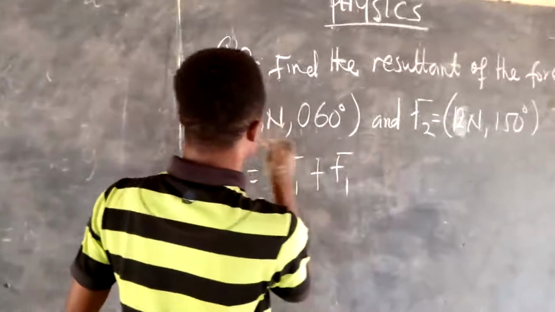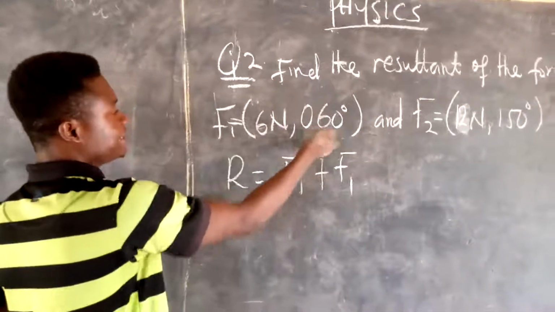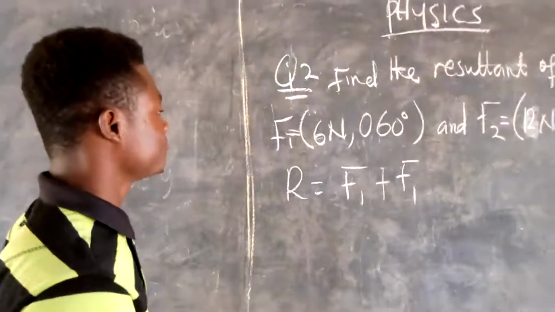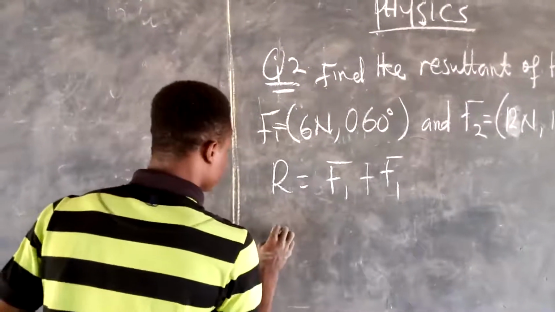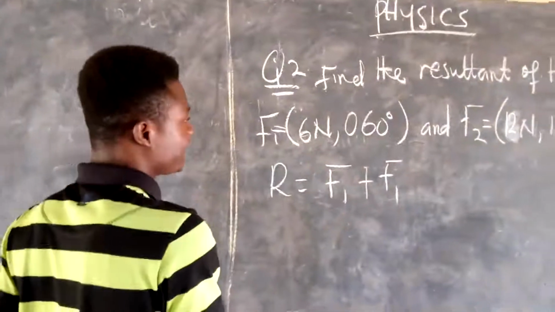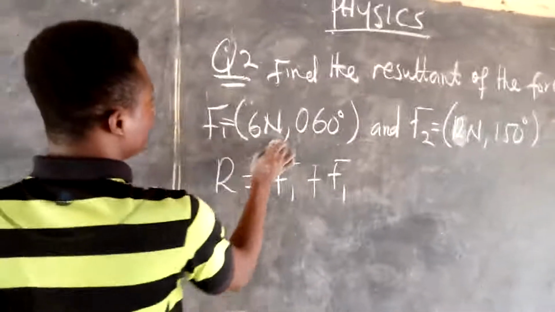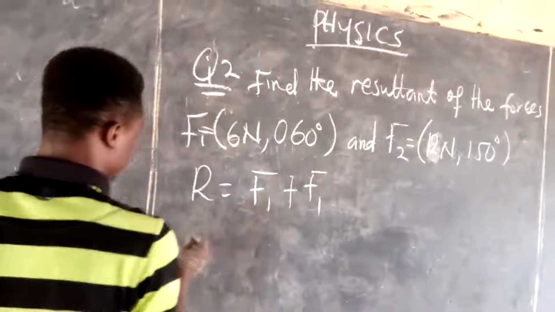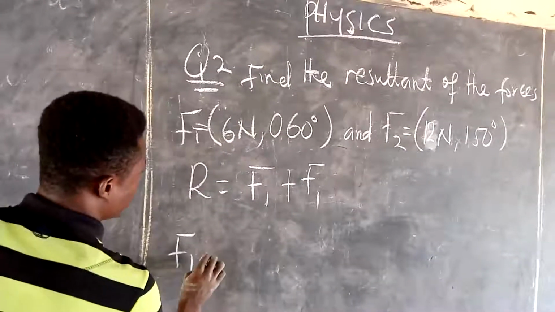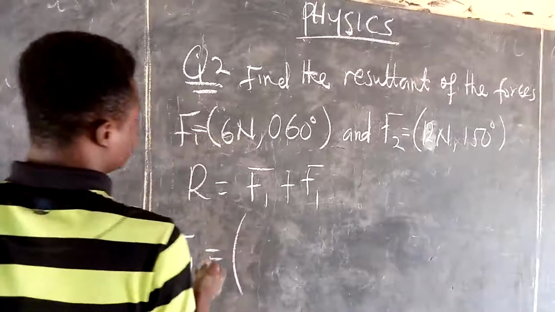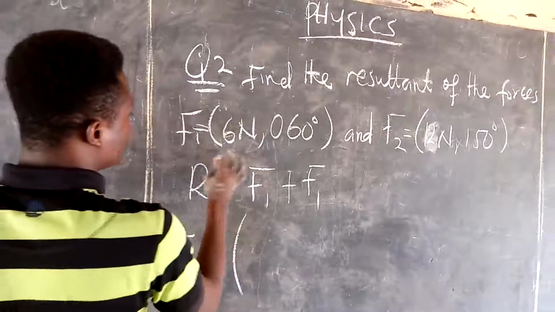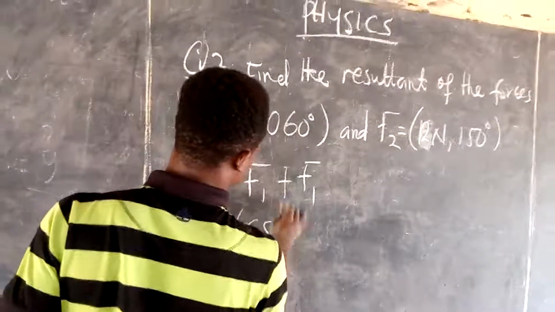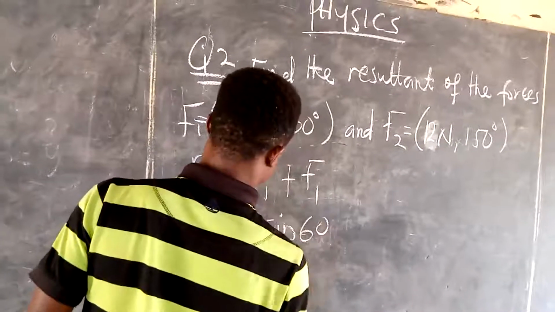So let's try and arrange this into component form. From what we did first, you know that we can simply group this into the x and y components. To get our x component, we use 6 and then sine of the angle.